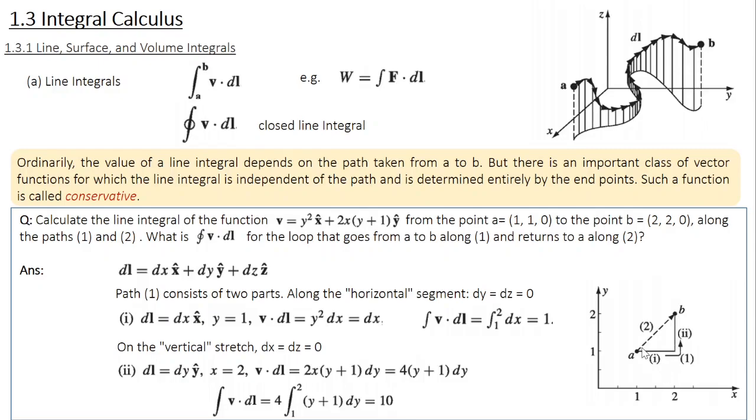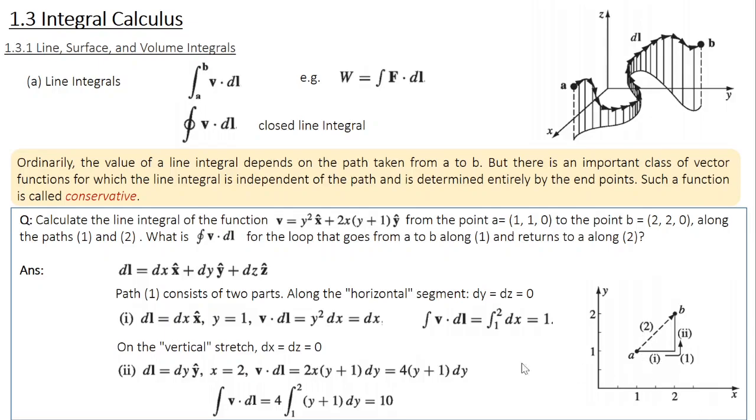So the x and z components are 0 for dl. So dl is dy y cap. And the value of x is constant, this is 2. So v dot dl is 2x(y+1) dy, and with x equal to 2, substituting that value, you get 4(y+1) dy. Once again, apply the limiting values, y changes from 1 to 2. So 4 times integral 1 to 2 (y+1) dy, do this math, you get the value 10.